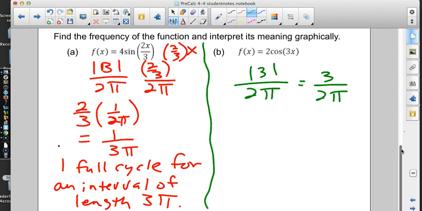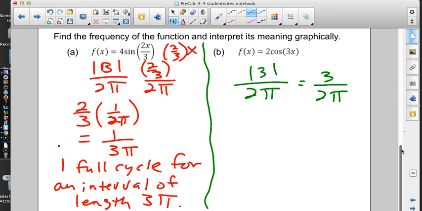But I'm supposed to get it to look like this, so I can say 1 full cycle in blah, blah, blah. You're kind of thinking right. You're just a little short. Divide by 3. Here's why. We've got a 3 on the top and we want it to be a 1. So we're going to divide by 3.